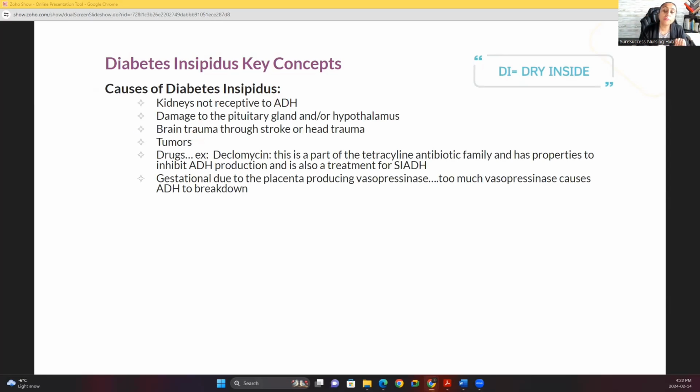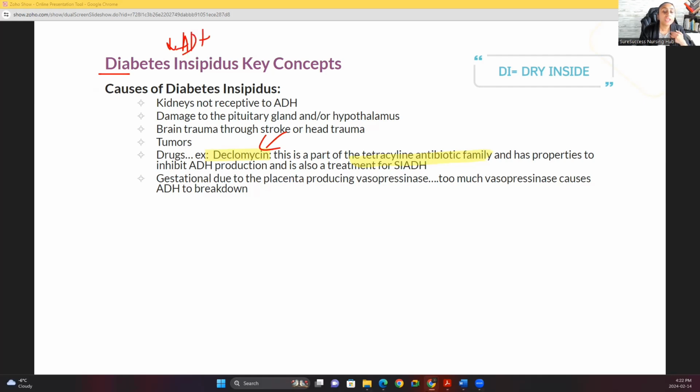Another thing, one of the medications, declomycin, which is an antibiotic. If you give this medication to the patient, what will happen? DI means decreased ADH.